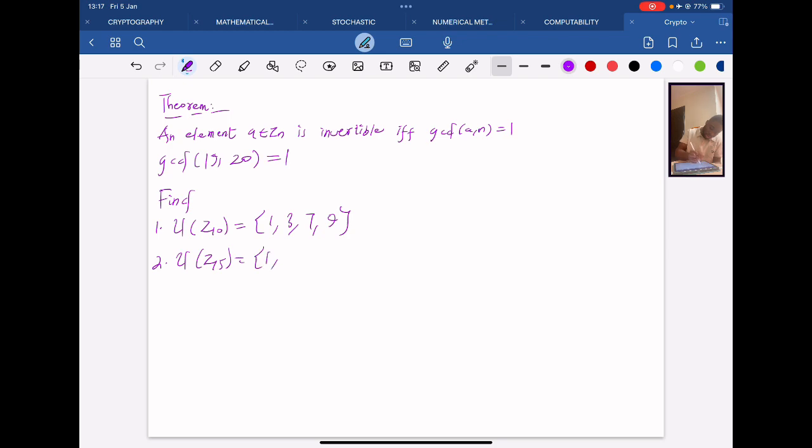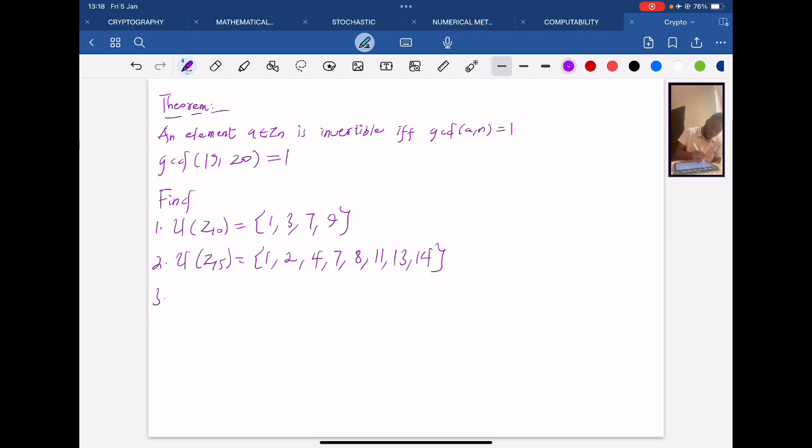So that is 1. 2 is part because the GCD of 2 and 15 is 1. 4 is also part. 5 is not part, 6 is not part, 7 is part. 8 is part. Then we move on to 11. 12 is not part. Then 13 and also 14.